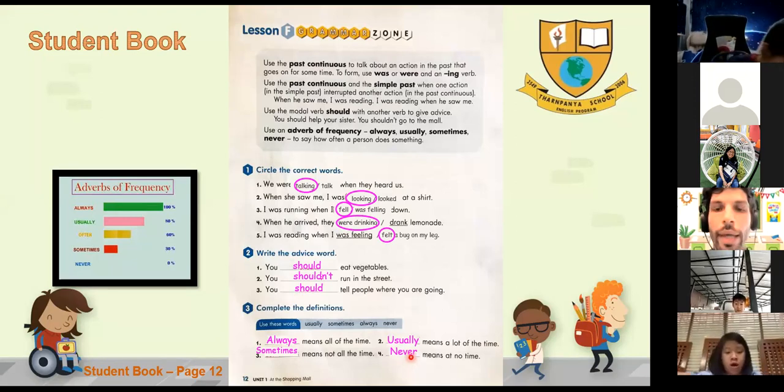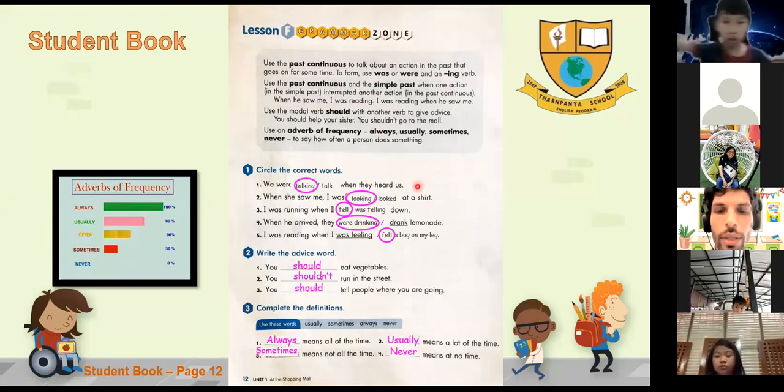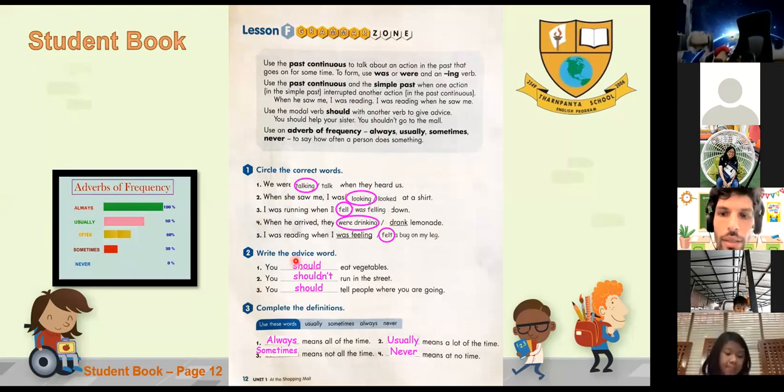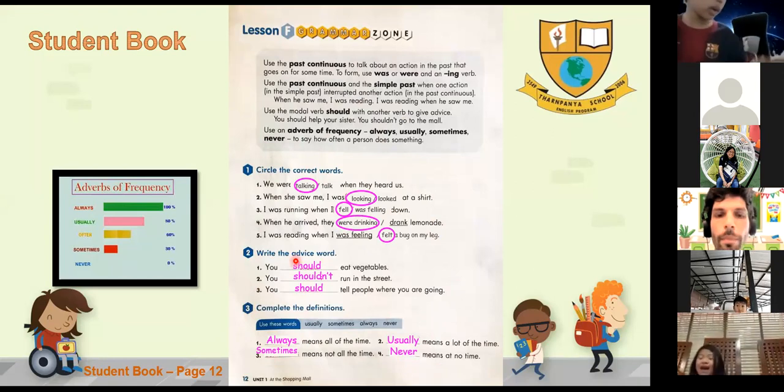If you don't have any questions about this page, don't worry, because we are going to talk about these grammar rules when we use the workbook and complete these activities. Do you have any questions?